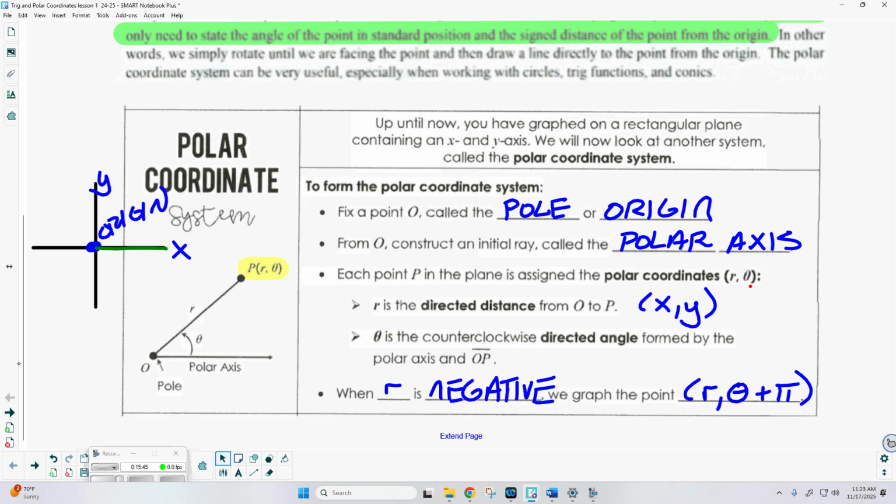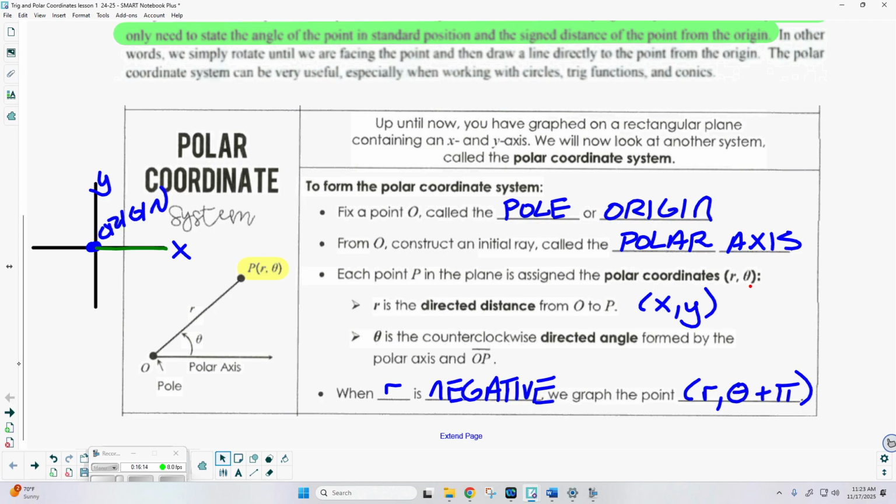So you know how with a rectangular point, you start with x and you move horizontally, and then the second value y is vertical, but with the polar coordinate, you want to start with the second value. Locate your angle first, and then from the pole, you move towards that angle, whatever the length of your radius is. Okay, and then down here at the bottom it says when r is negative, we graph the point r comma theta plus pi. But I'll go ahead and explain what that means when we get there.